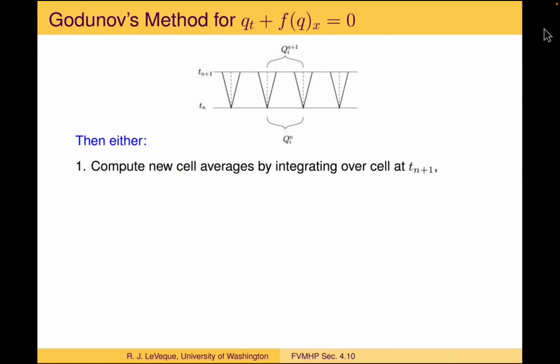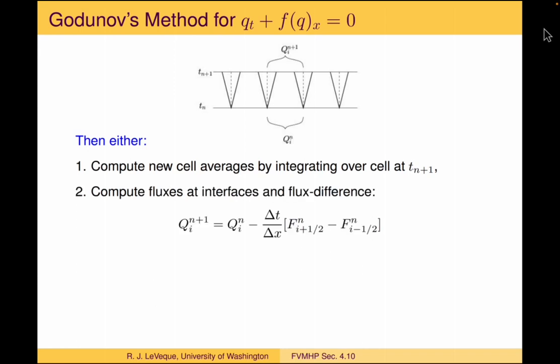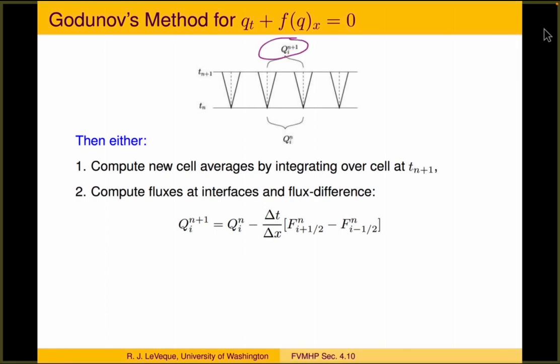But a much easier way to look at it for the scalar nonlinear case is to think of it in terms of computing the values at the interfaces and then the flux at the interface, and then using the integral form of the conservation law to say that the new cell average is the old cell average as modified by the flux at the two edges of the cell integrated in time.